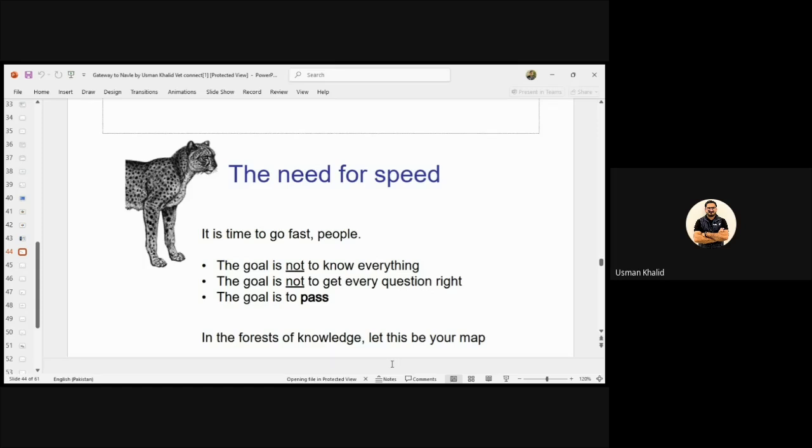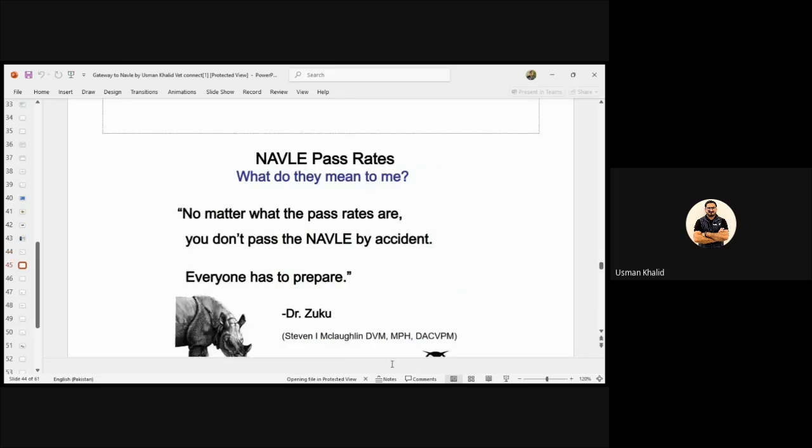Focus on what is really important to answer it. Make your eye a radar and focus on the things that matter. Answer it, and then come out of that question, whether it's wrong or right, because you have to focus on the next one.